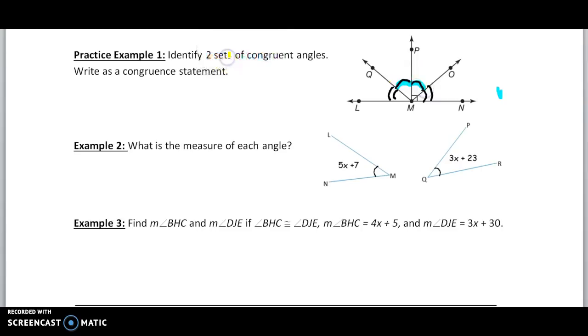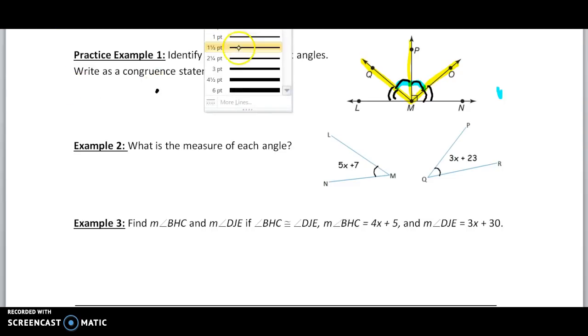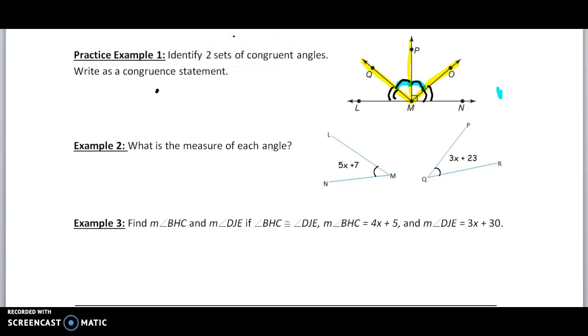So that tells me that these two angles, QMP, that's got one arc, and angle PMO, those two angles are congruent. So if I want to write a congruent statement, I'm going to say angle QMP is congruent to angle PMO.